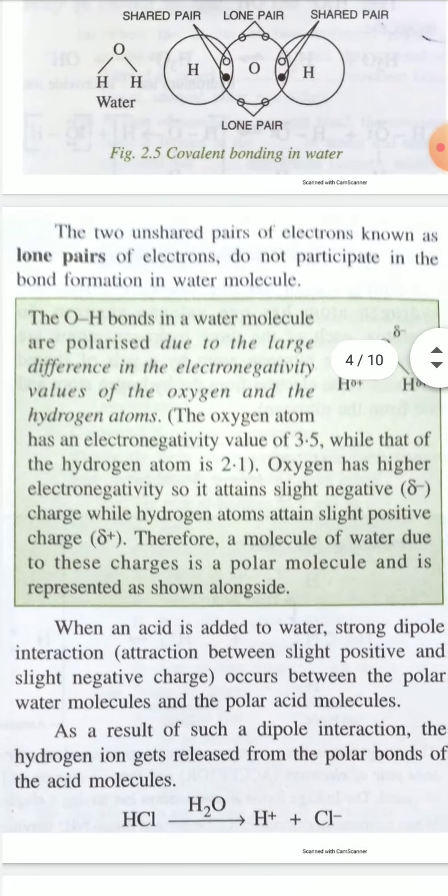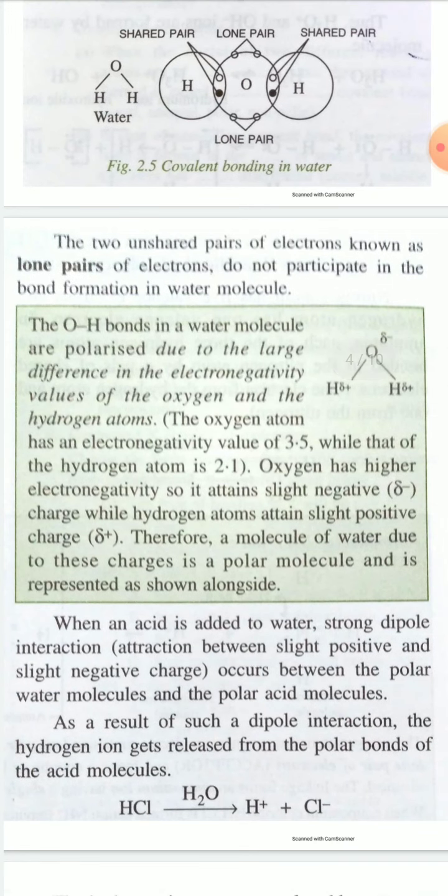The two unshared pairs of electrons, known as lone pairs of electrons, do not participate in the bond formation in the water molecule. In the box it is explained that water is a polar covalent compound. Why is water a polar covalent compound? Because in water there is a large difference in the electronegativity values of oxygen and hydrogen atoms.